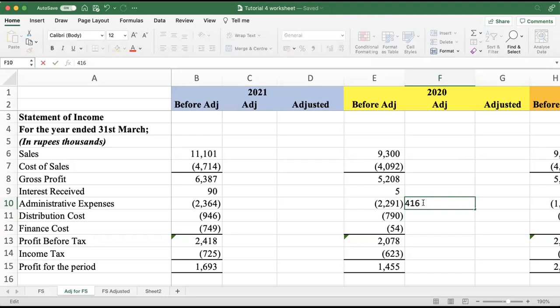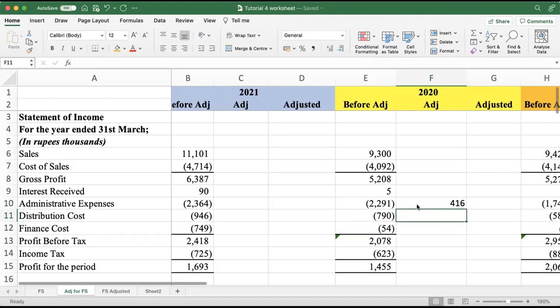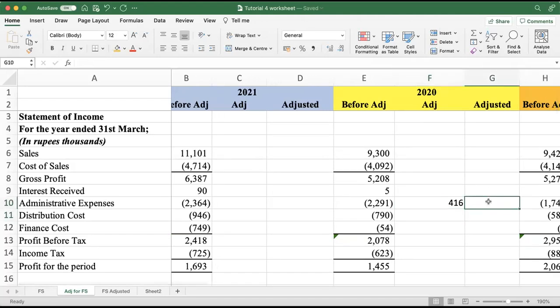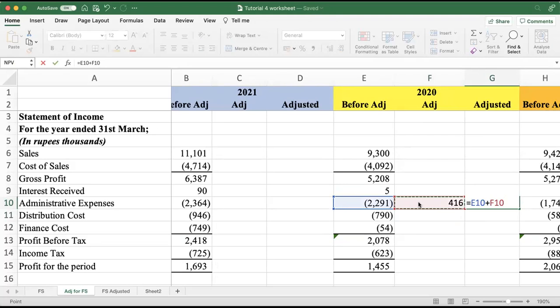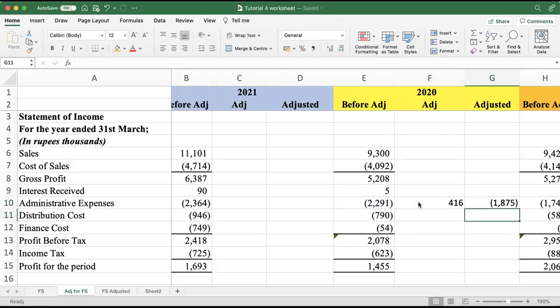Right. So this is a lease rental. Then the adjusted value 1875. Adjusted value 1875. Right.